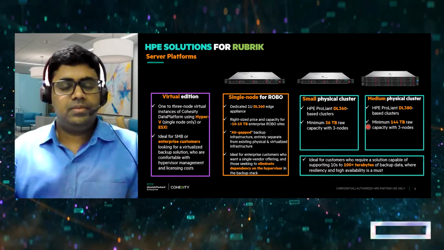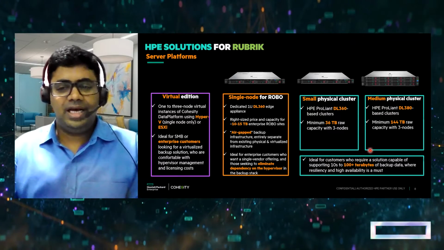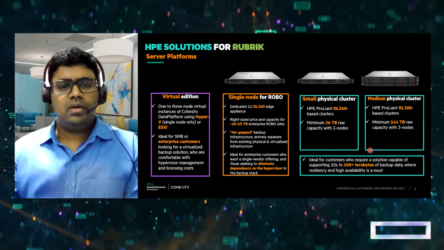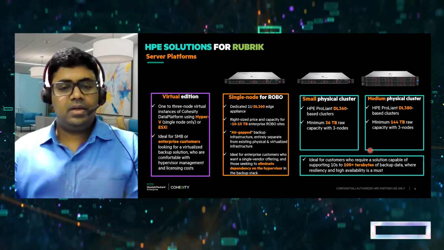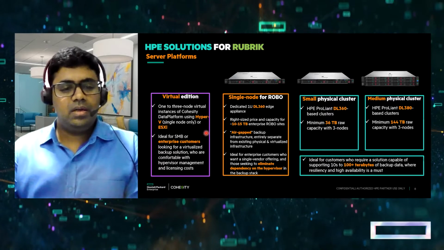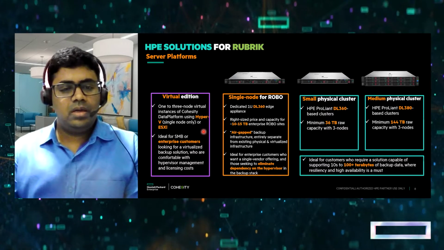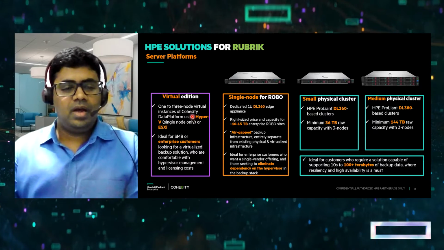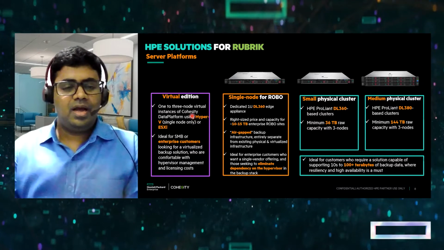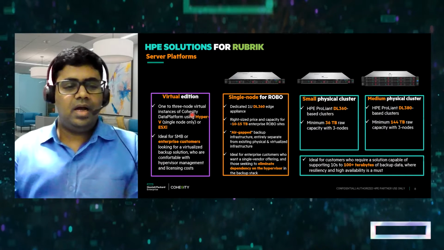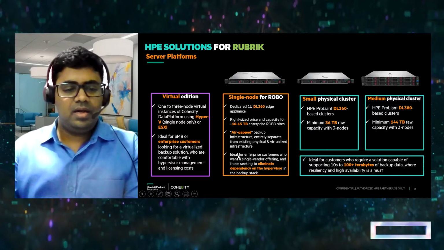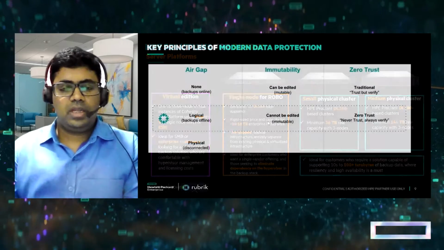Sorry, is this Cohesity or Rubrik? Rubrik. Virtual edition. I think you didn't change the word. 1 to 3 nodes virtual instances of Rubrik, and I think you mentioned Cohesity also. So can you quickly edit this slide and re-record from this page onwards? Okay.